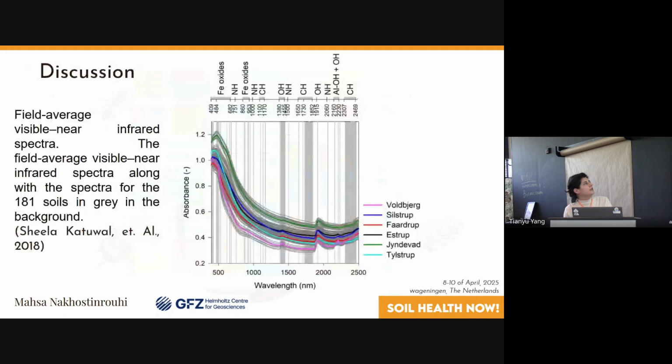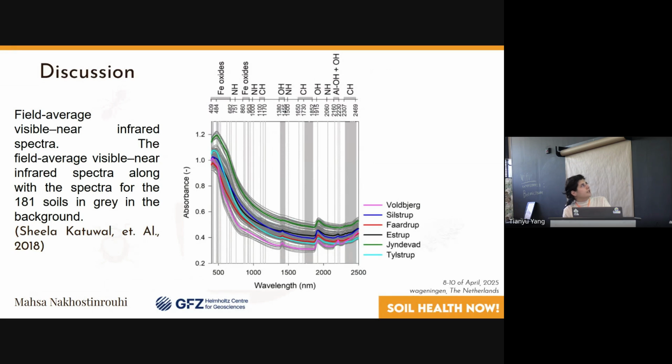This plot is also coming from a study of Sheila Katoval in 2018. It's a plot showing the spectral signatures of a variety of soil samples, and it shows what the most important soil components are regarding each part of the visible near-infrared and shortwave infrared spectra.